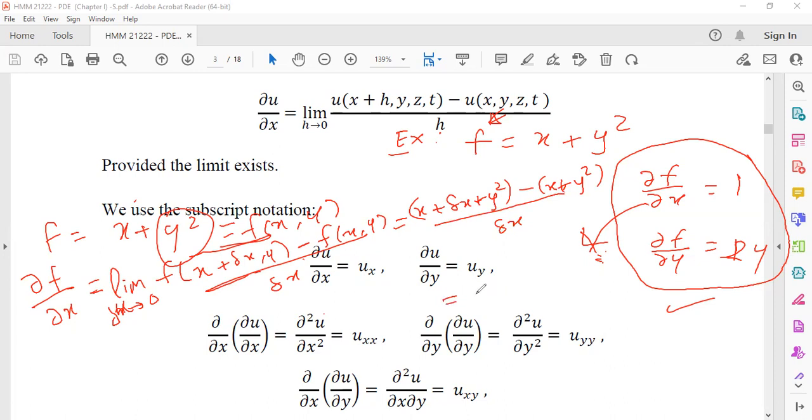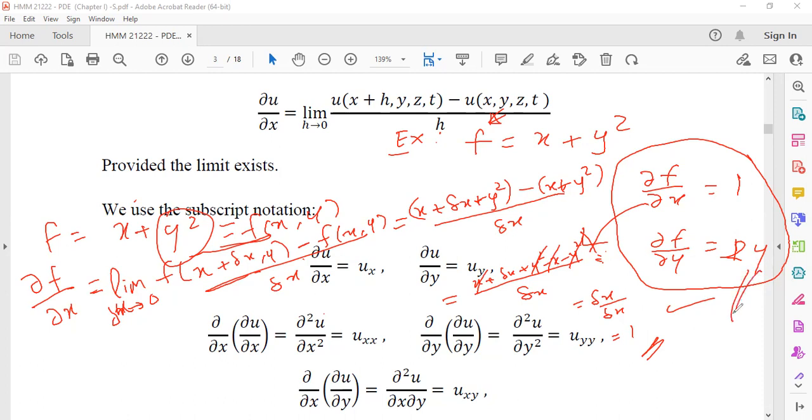What do you think? If you calculate this, x plus delta x plus y squared minus x minus y squared, the x cancels out and the y squared cancels out. So delta x divided by delta x will be 1, which is the answer. Can you write it down, and if you have any mistakes, please correct them?